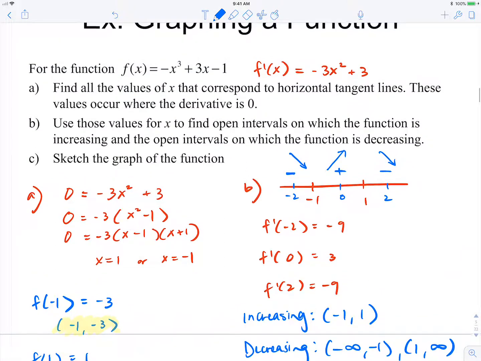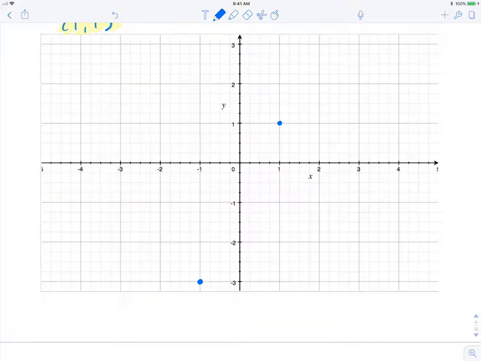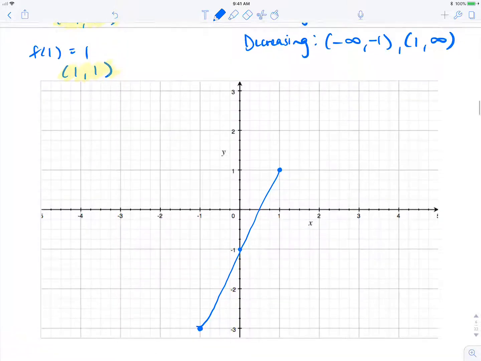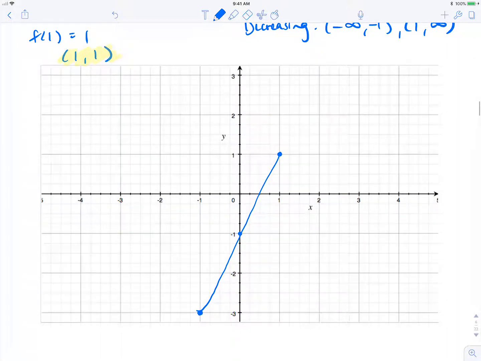Actually, we can find the y-intercept too. So f of 0 would be -1. So the y-intercept is actually -1. So we know the graph is going to come up and pass through -1. Okay, and then the function's decreasing from -infinity to -1.